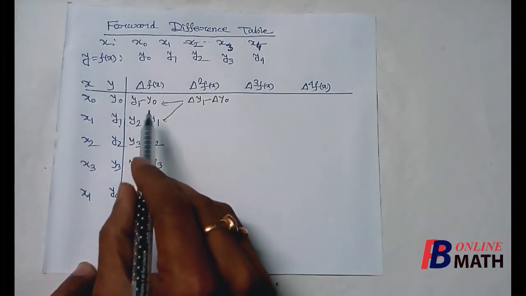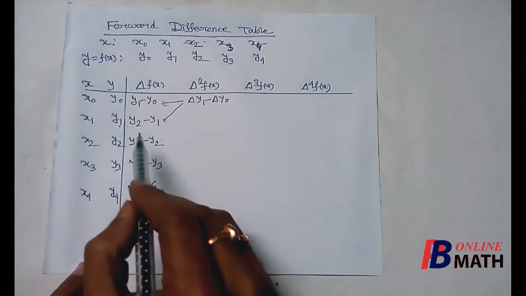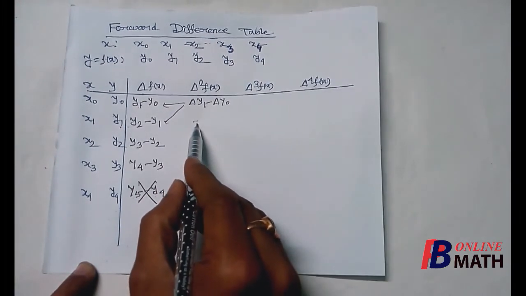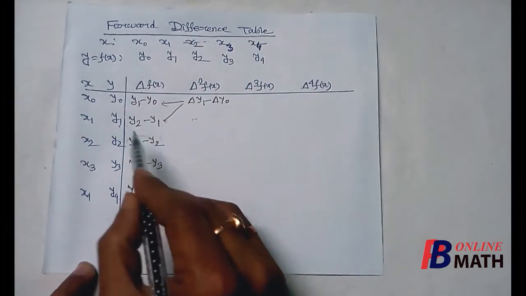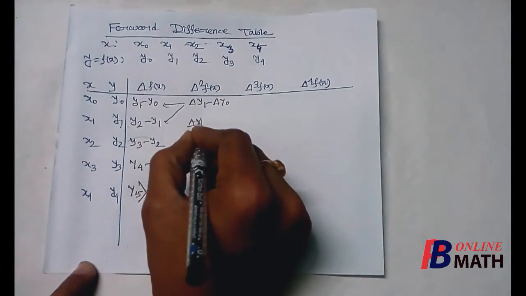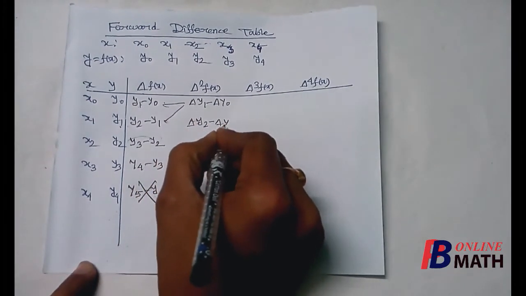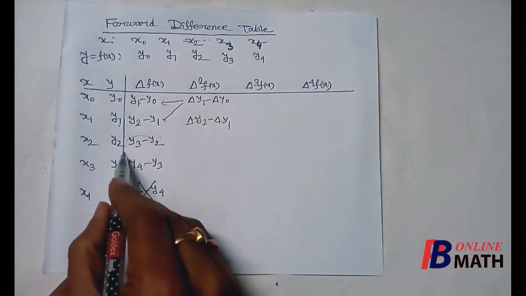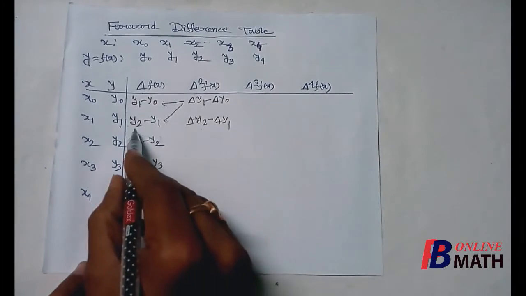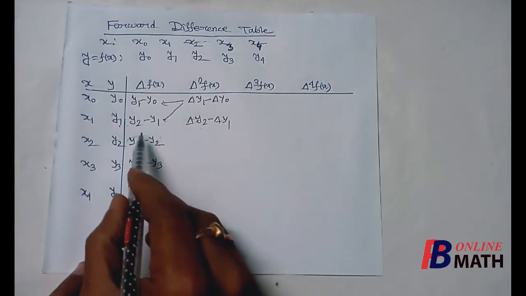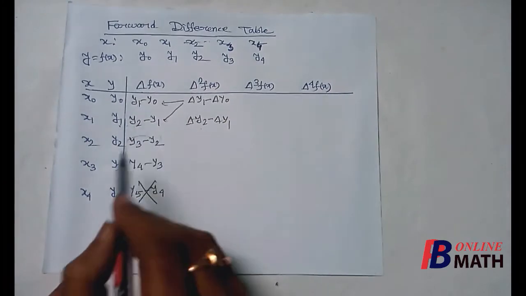So this can be found by subtracting this value from this one. Similarly, if we want to calculate this value, this will be equal to this value minus this value. So it is delta y2 minus delta y1. Now what is the value of delta y2? This is delta y2 and this is delta y1. So this can be found by subtracting this value from this one.